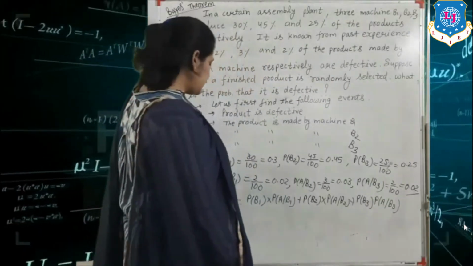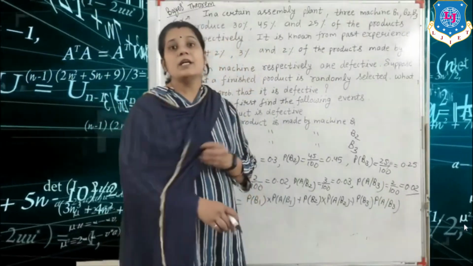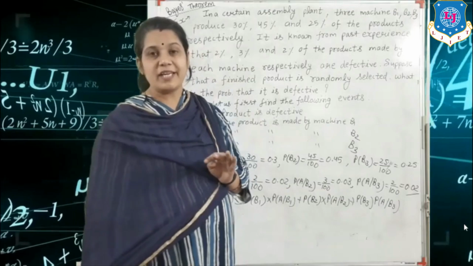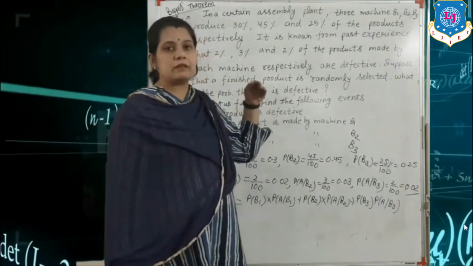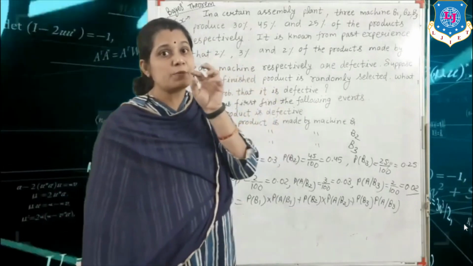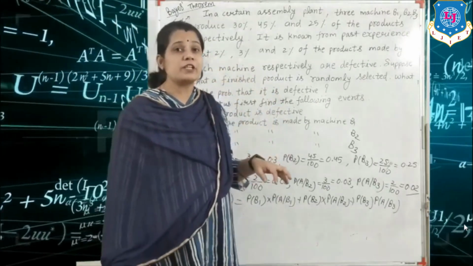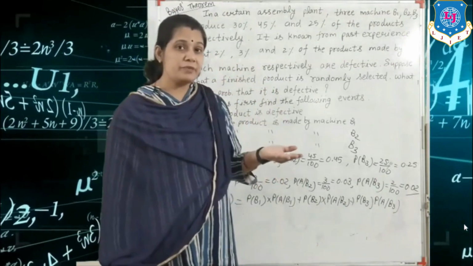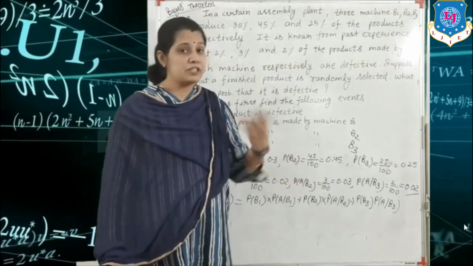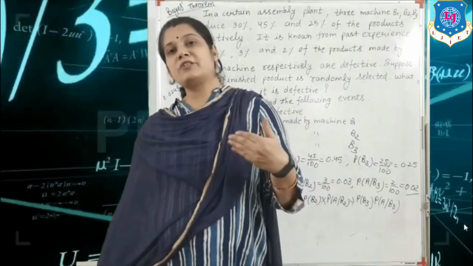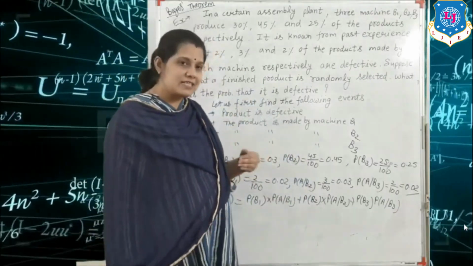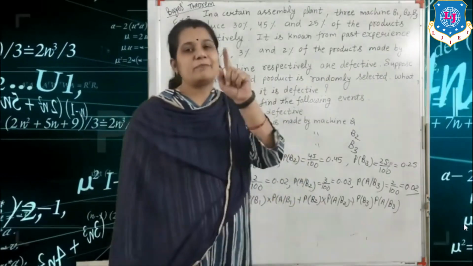In this question, we choose a product, and this product is defective. So this product may be produced by machine B1, or by machine B2, or by machine B3. Because of this, we write the plus sign.